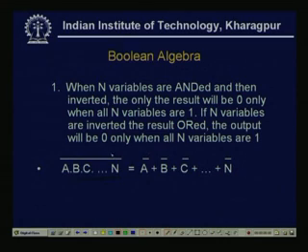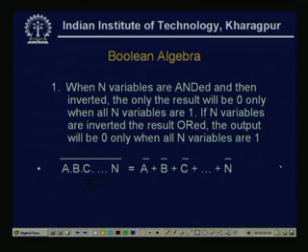So, this becomes 0. And when all the variables are 1, each individual term will be 0, and then 0 plus 0 plus 0.